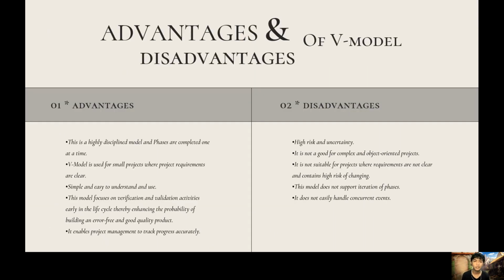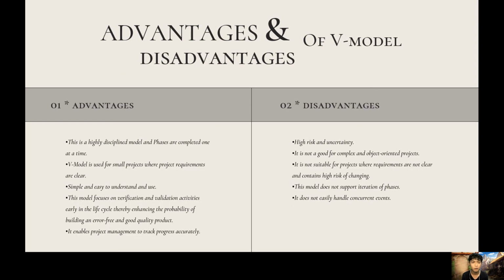So we go to the advantages and disadvantages of the V model. So the first one is advantages. The advantages of the V model: this is a highly disciplined model and phases are completed one at a time. The V model is used for small projects where the project requirements are clear. The V model is also simple and easy to understand and use.